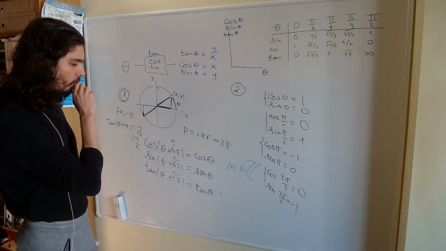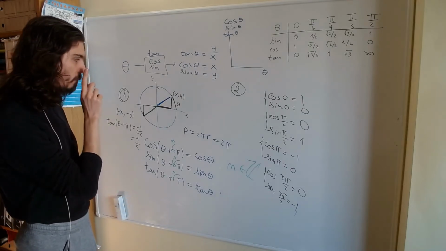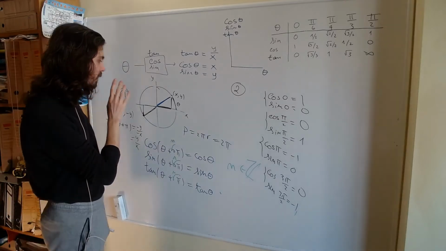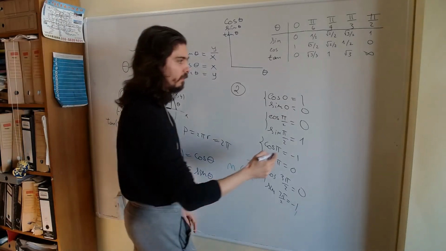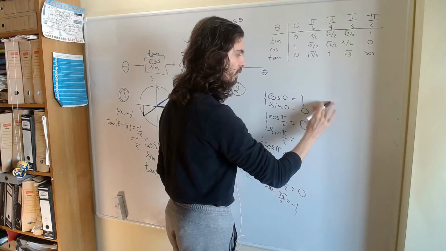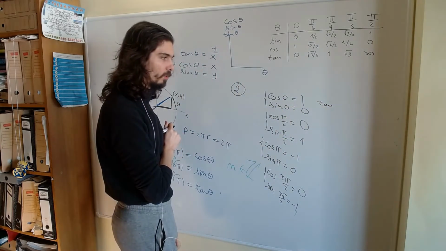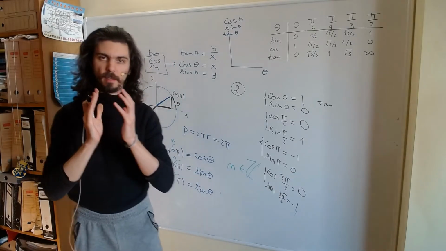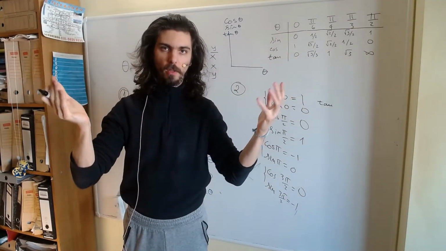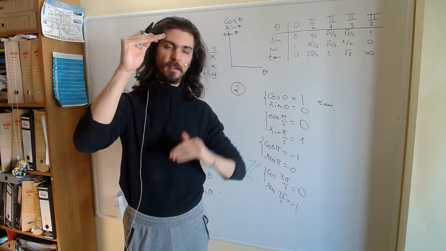Okay. What about the tangent? The tangent is special, right? Let's put here the tangent. You can compute the tangent from these two, because recall, the tangent is the ratio of the sine and the cosine.